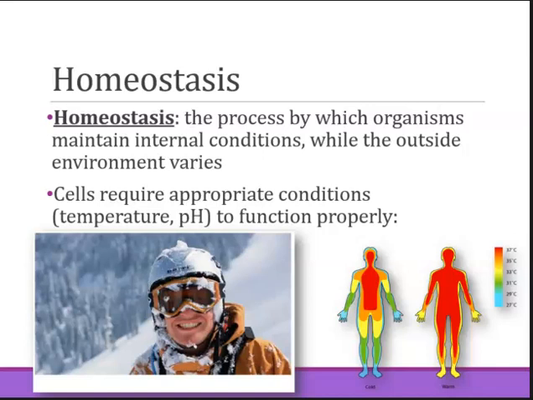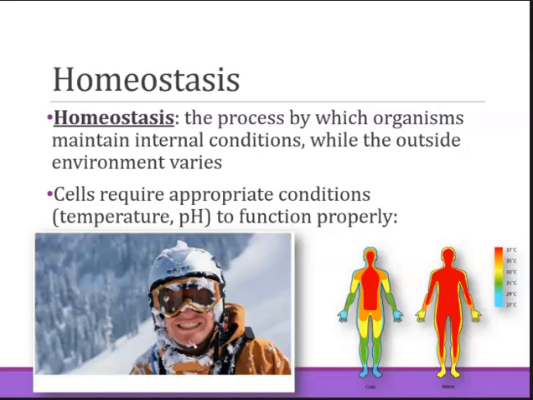Another very important characteristic of life is homeostasis, or being able to maintain homeostasis. Homeostasis is the process by which organisms maintain internal conditions while the outside environment can vary. Cells do require appropriate conditions such as temperature and set pH in order to function properly.